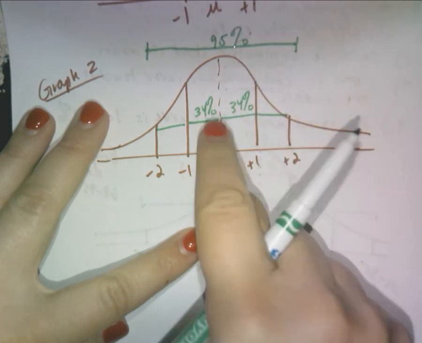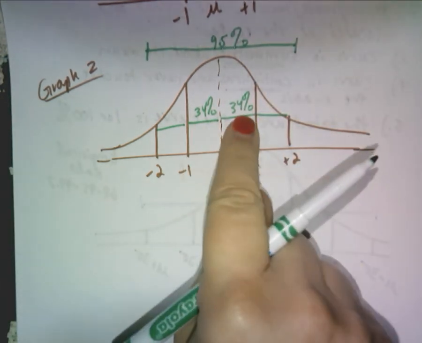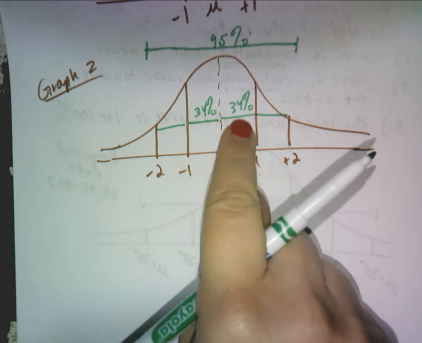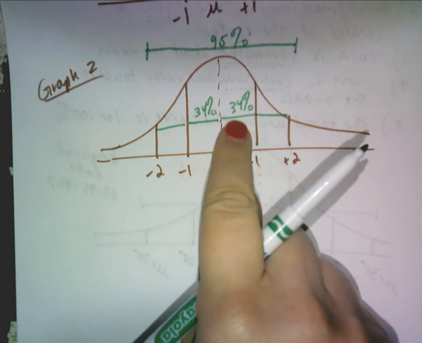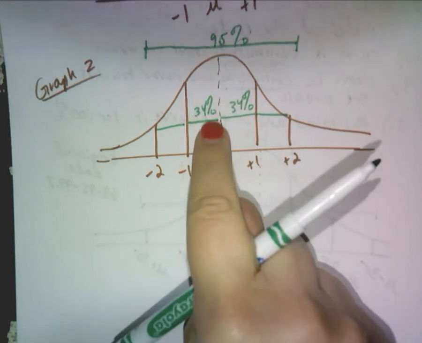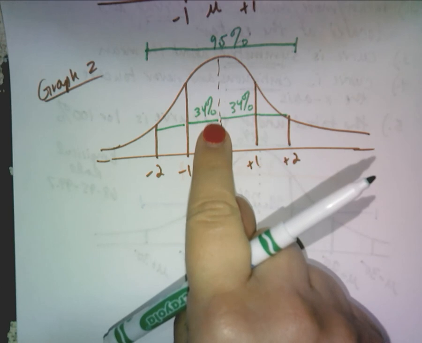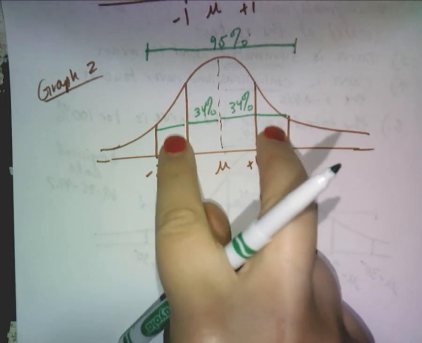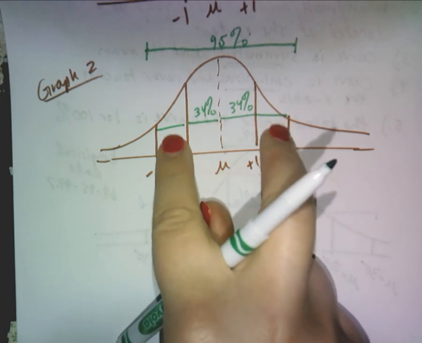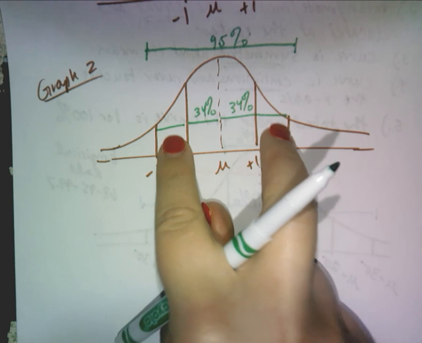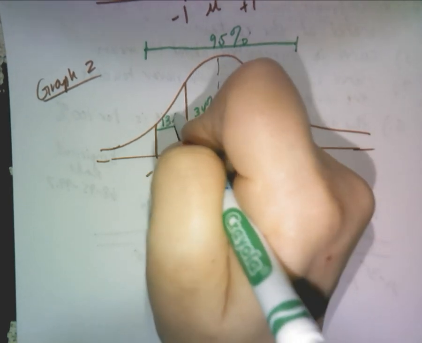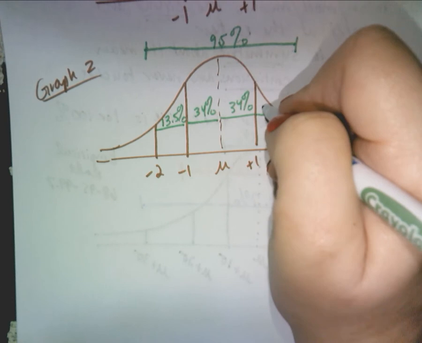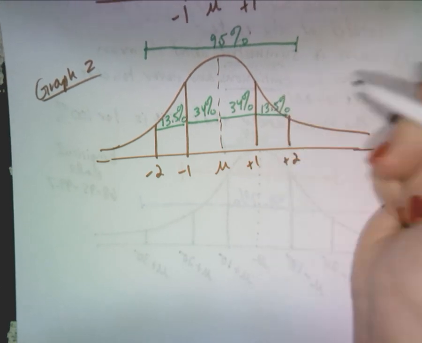If I've used up 34 and 34, that is 68, yes? So 95 minus 68 would be 27. So how do I figure out this piece and this piece? Divide that by 2. This is 13.5%, and this is 13.5% of your data.